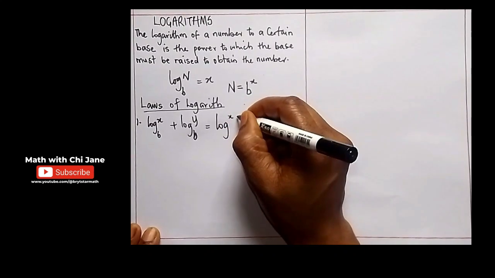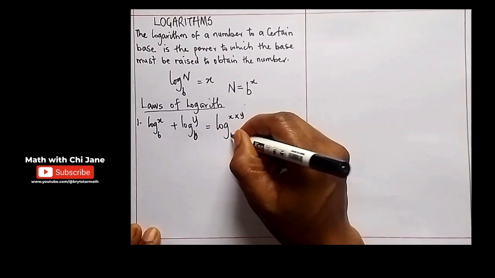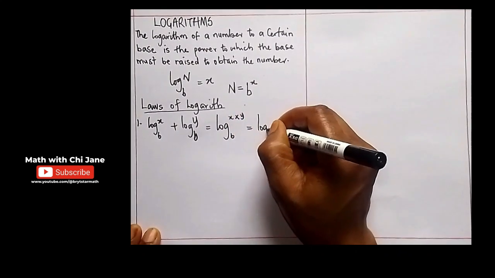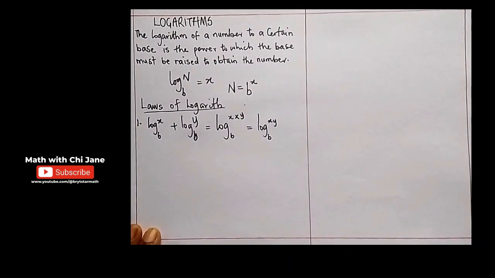So you have log x times y, since they are of the same base b. So that gives you log base b of xy, or log xy base b.